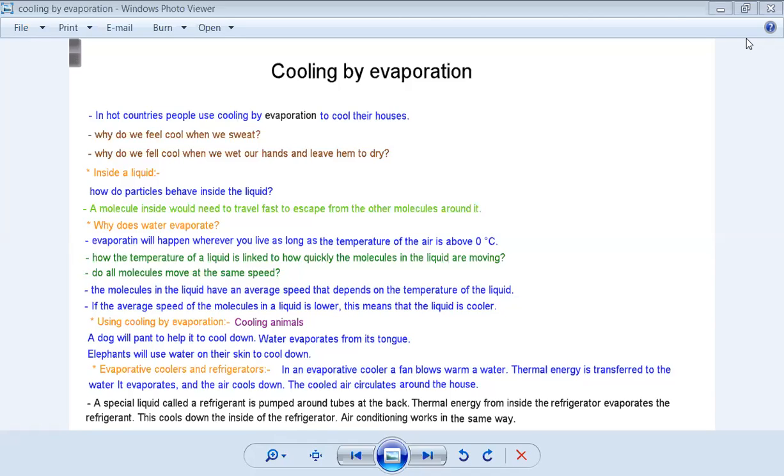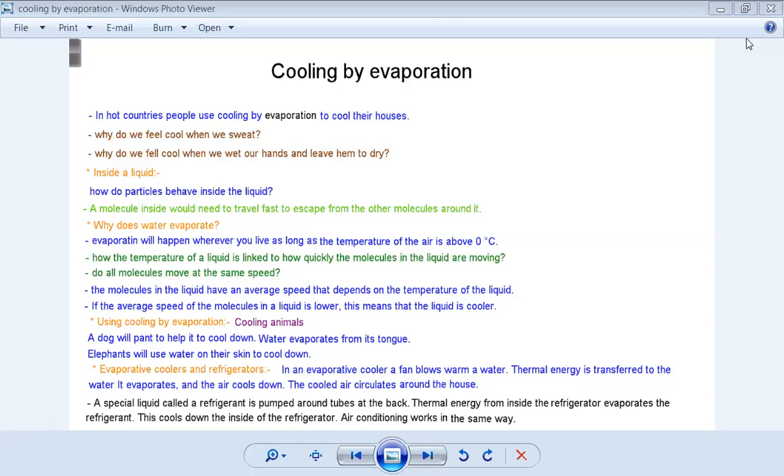When the hot wind hits this towel, it causes the water to evaporate, so the atmosphere inside the house cools and they feel cool air coming from the door.